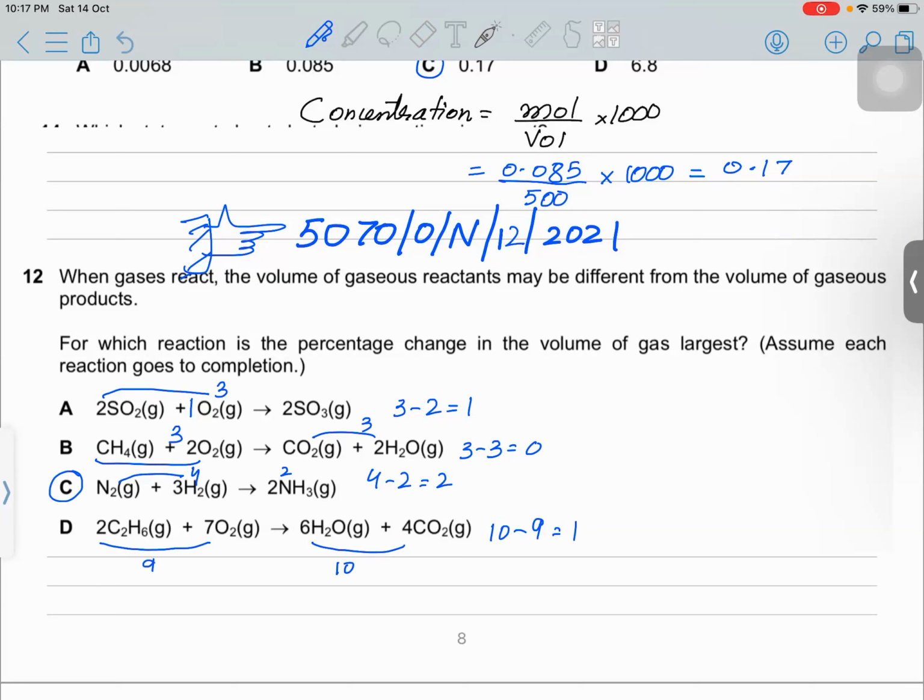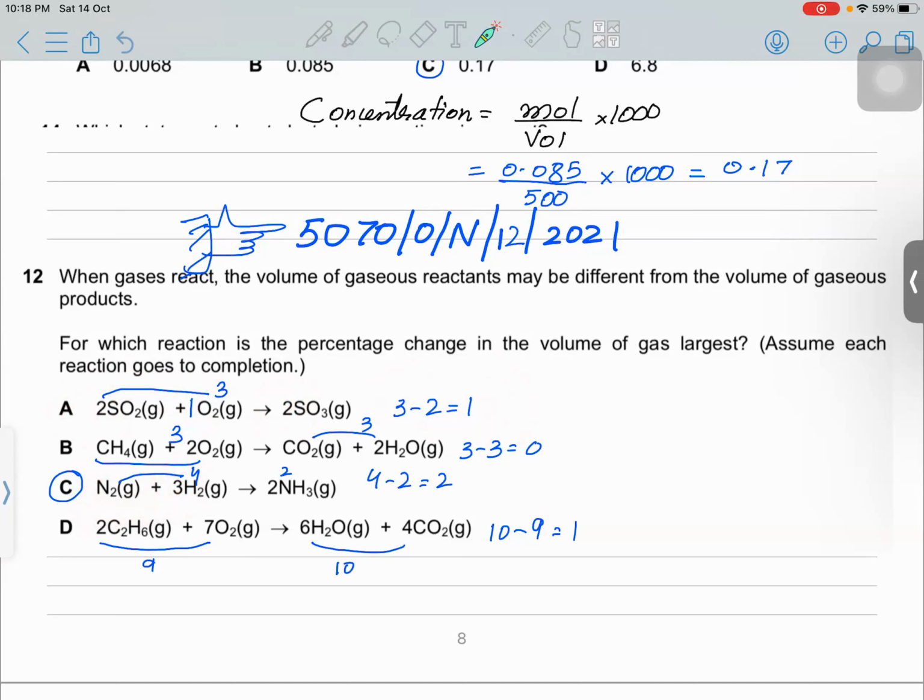So in the reactant side in A, you can see that we have 1 plus 2, 3 cm cube, and here we have 2 cm cube. 3 minus 2 is 1. Sir, in A, wouldn't it be 4 minus 2?